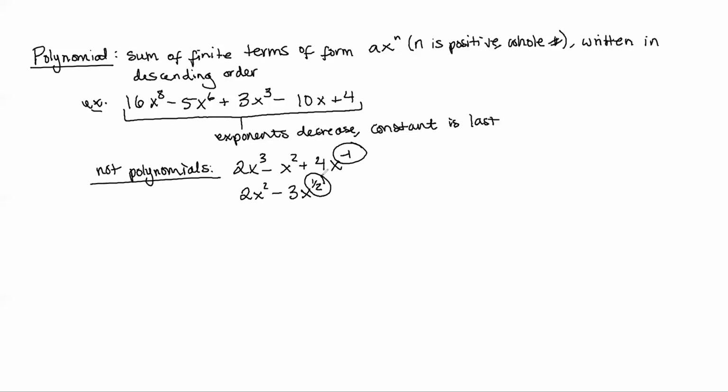A couple more definitions here before we get started with some more examples. The degree, and we have two different types of degrees here. We have degree of a term, and then we're going to have degree of a polynomial.